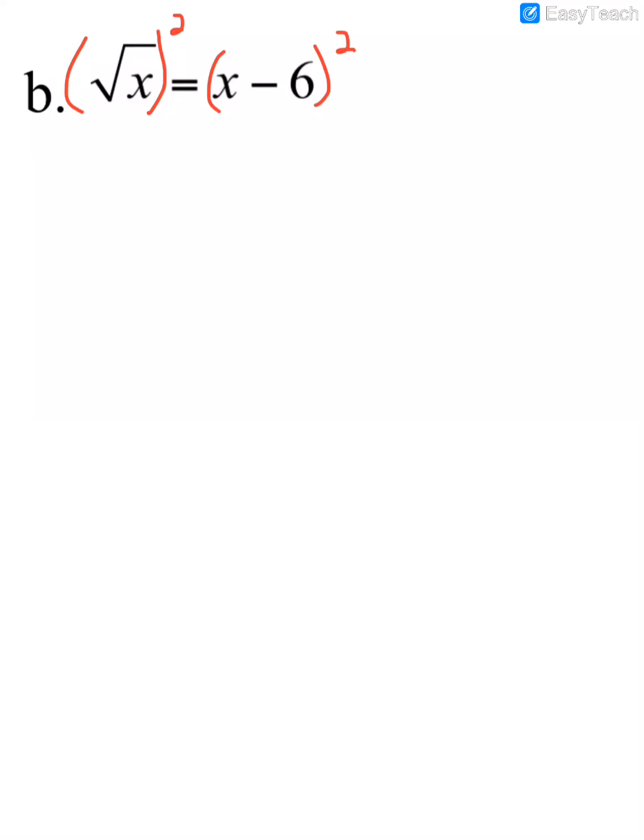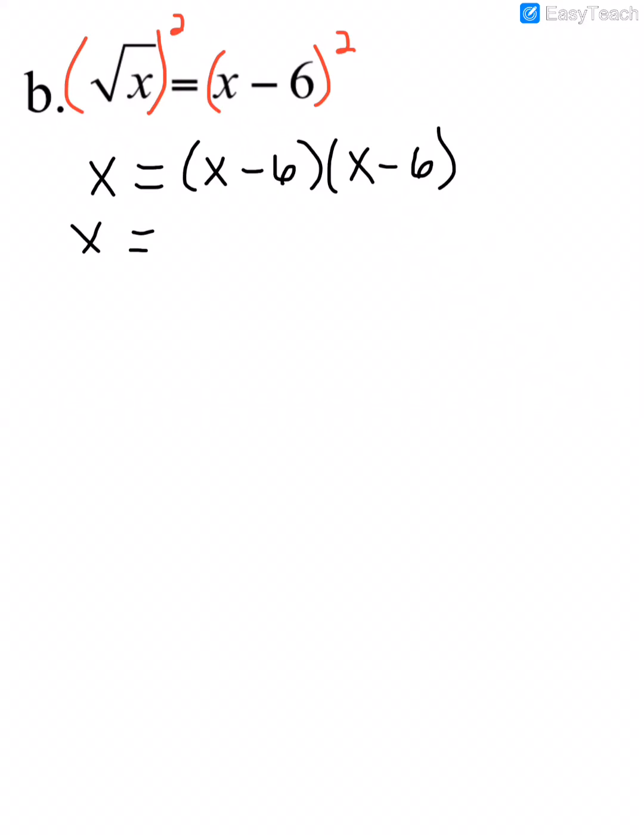And when I do that, square and square root cancel each other out, so I'm left with x equals, and again, when we have a binomial squared, we don't just square each part, we write it twice and FOIL. Okay, so if I FOIL this, I get x squared minus 6x minus 6x plus 36.